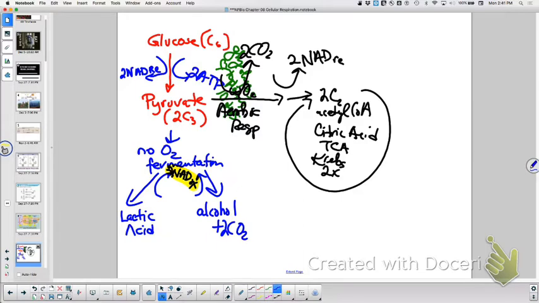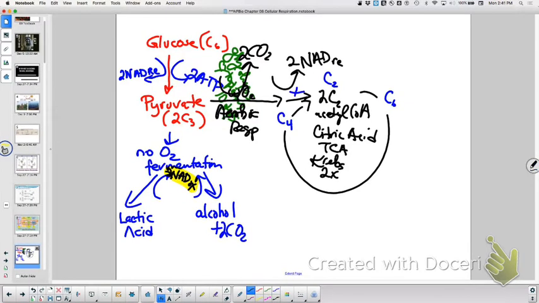Yeah, a 4-carbon, okay? A C4. And this is a C2. What is 2 plus 4? C6, okay? Because 2 plus 4 is 6. Then we do what? We do the bit. When we do the bit, what are we doing?